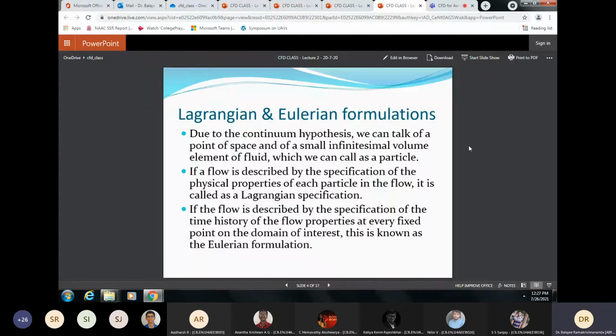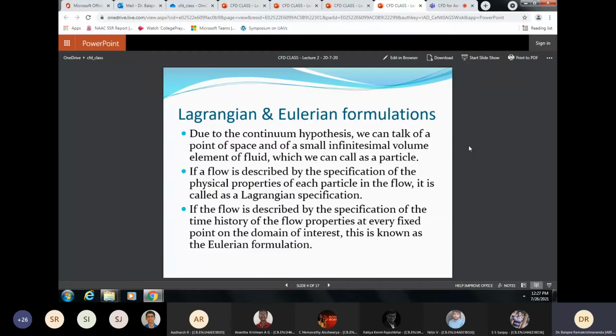It's not atoms or molecules, but a collection of atoms or molecules which are so close together, we call that group a particle. If a fluid is assumed to consist of many, say millions of such particles, then you describe the specification of each particle in the flow.